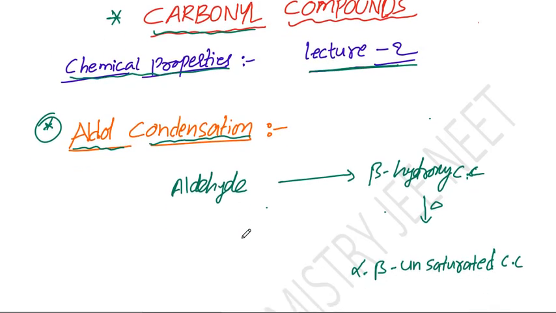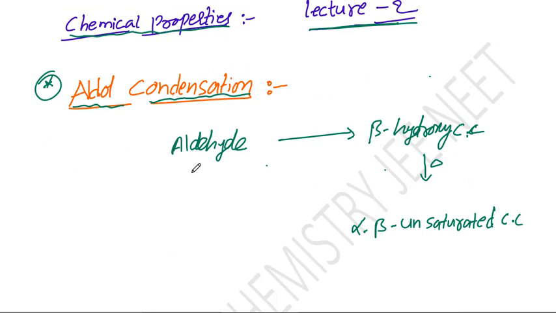An aldehyde which has alpha hydrogen, in the presence of dilute NaOH or KOH, gives a beta hydroxy carbonyl compound.